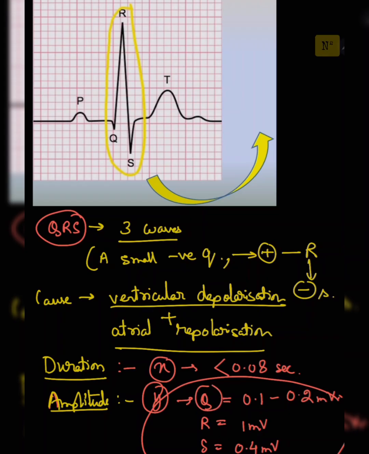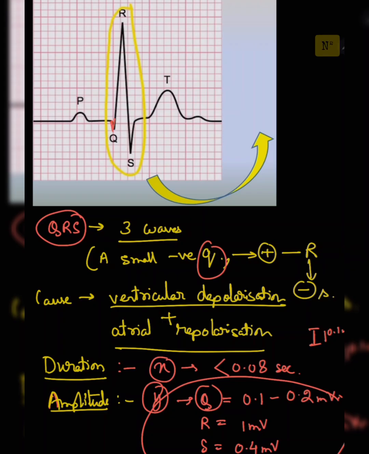Now let's learn about the Q wave. I told you one small square takes around 0.1 millivolt, so the Q wave should be at least covering one small square vertically. Similarly, the S wave. The Q wave is a negative wave, so you are getting the waves in an inverted fashion.